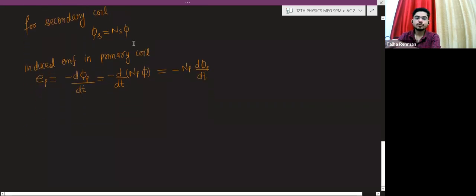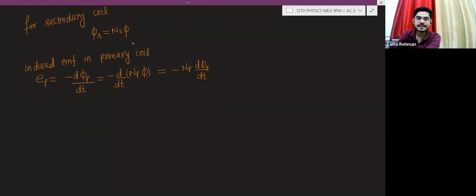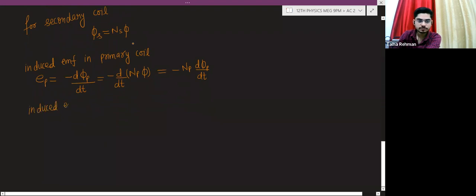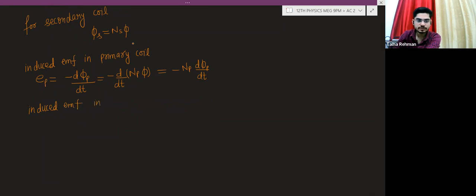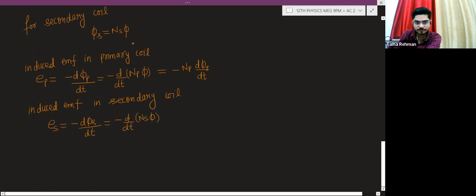If I want to calculate the induced EMF in the secondary coil, that is E suffix s, it is given by minus d phi s by dt, which is minus d by dt of Ns into phi.